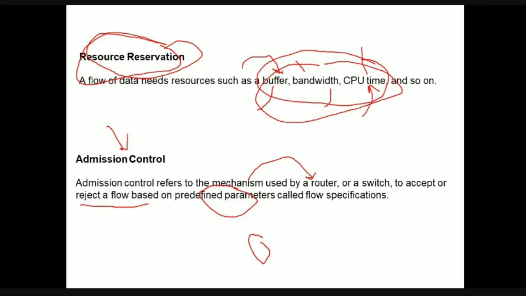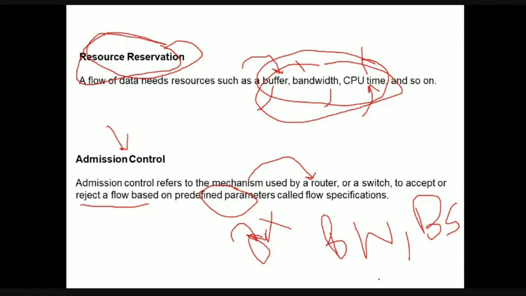That is, before accepting a flow, the router may check some specifications, in terms of bandwidth, buffer size, CPU speed, etc. Based upon this availability, the router takes a decision whether to accept or reject the flow. This is what we call admission control.